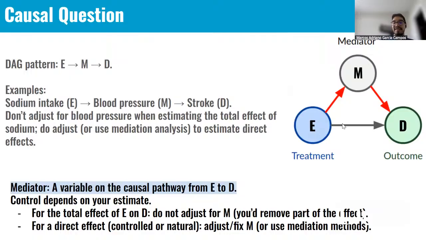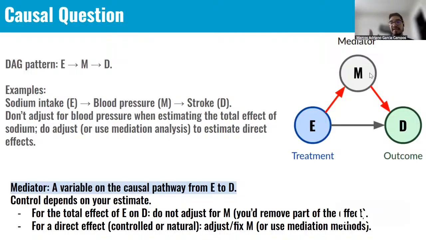My hypothesis is that with sodium intake, I will have more stroke. But we know the pathway to cause stroke: I eat more sodium, and I will have more high blood pressure, and high blood pressure will give me a stroke. So blood pressure is a mediator.